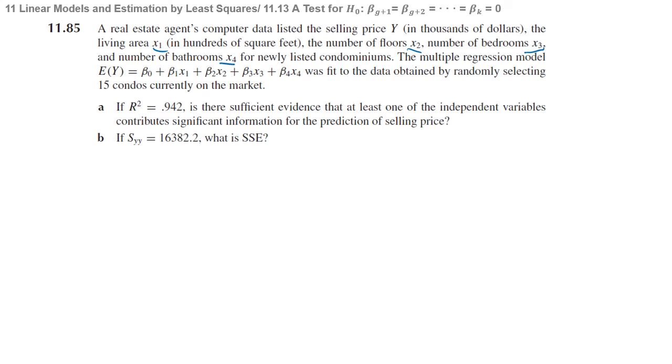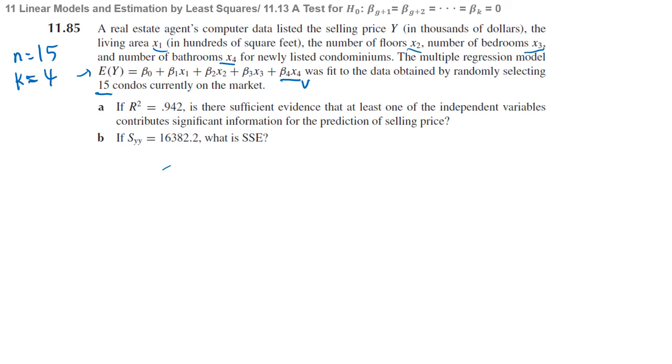The multiple regression model was fit to the data obtained by randomly selecting 15 condos currently on the market. So we have n equals 15, and for our model we have k equals 4.